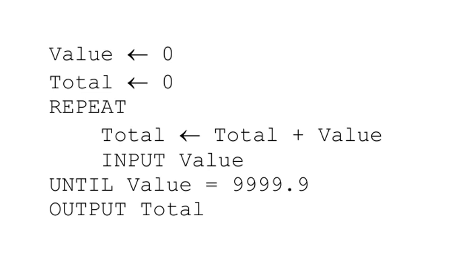Total is 0, so you enter 5, 0 plus 5, 5. So now total becomes 5. When you enter 7, or any other value, it will add all the values until you enter 9999.9, then it will stop and display the total value.